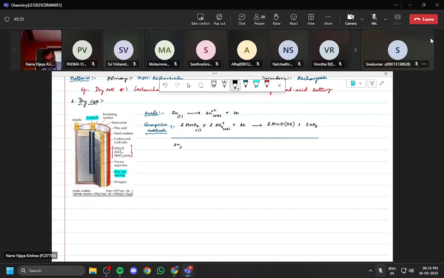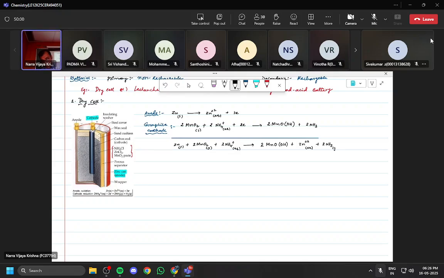Zinc plus MnO2 plus 2 NH4+ gives rise to 2 MnOOH plus Zn2+ plus ammonia.